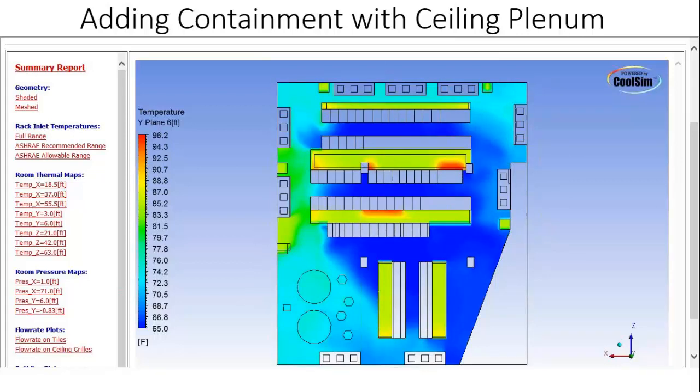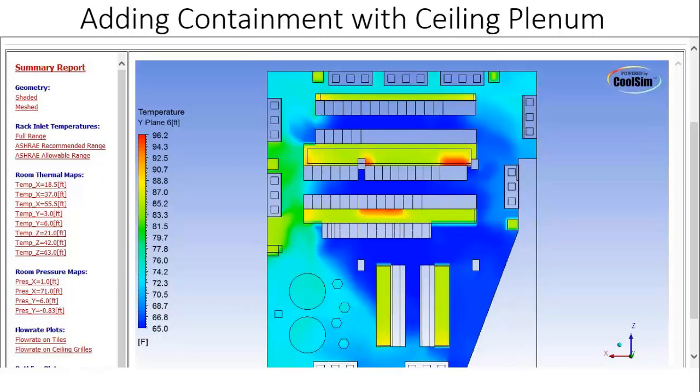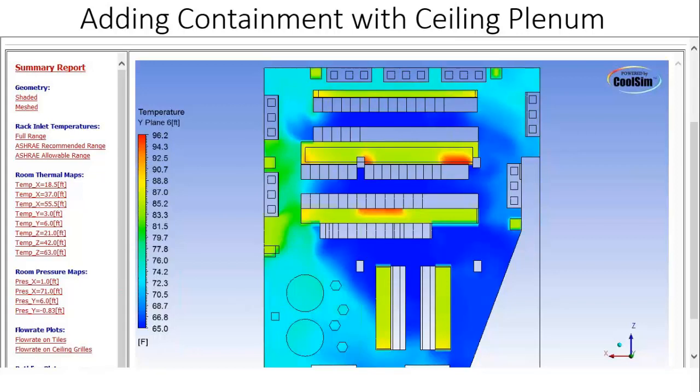With cold aisle containment, the room is the return for the cooling units. With hot aisle containment, the room is the supply. So to your earlier point, Lauren, the opportunity to now begin to march up the temperature curve on supply air looks pretty good, because my temperatures in this room just dropped to 60, 70 degrees.